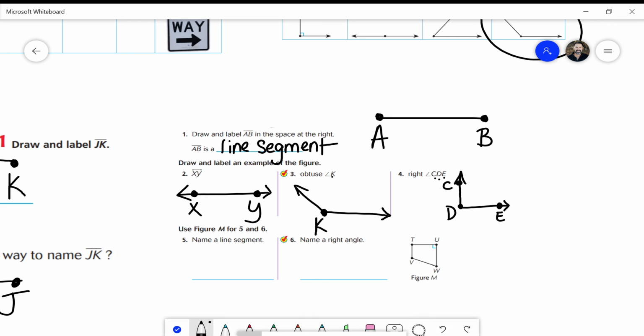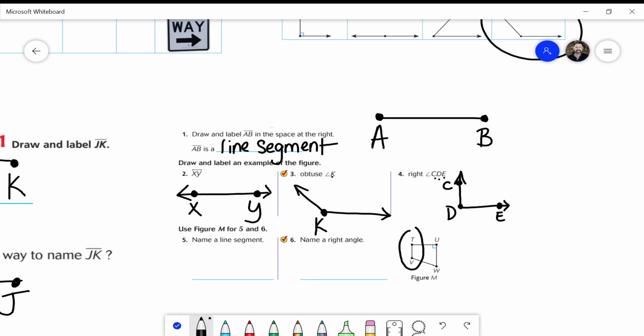I'm just going to take these right here. I have a point and another point attached with part of a line. So I've got T and V. I just draw a line. Oh, look at that, TV. I draw a line with no arrows on the top there, and that's a line segment.